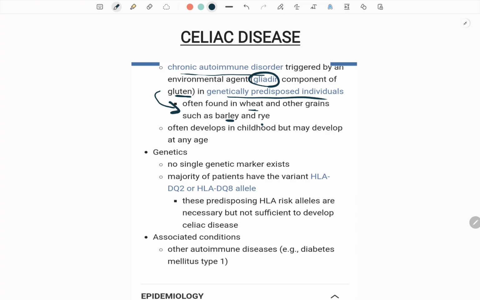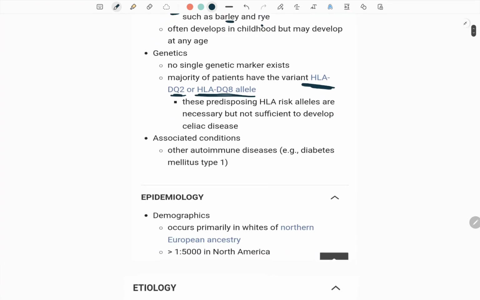If we talk about genetics, no single genetic marker exists, but the majority of patients have variant HLA-DQ2 and HLA-DQ8 alleles. These predisposing HLA risk alleles are necessary but not sufficient to develop celiac disease.